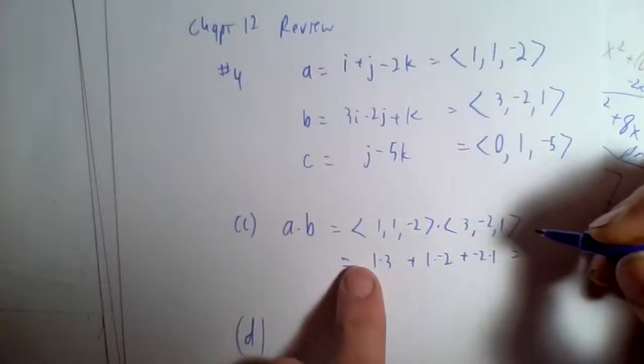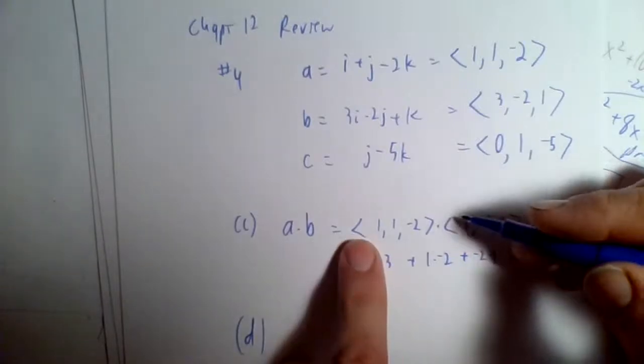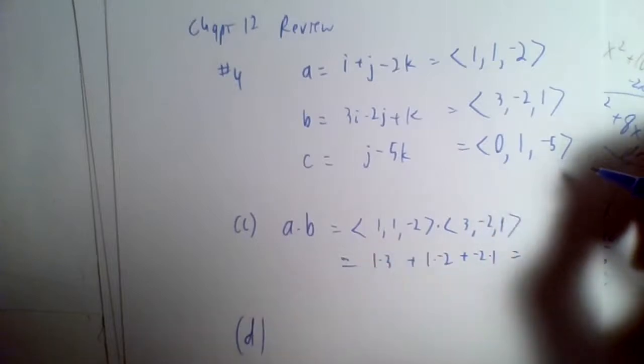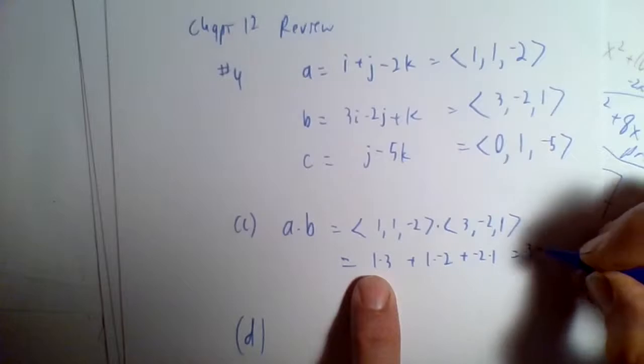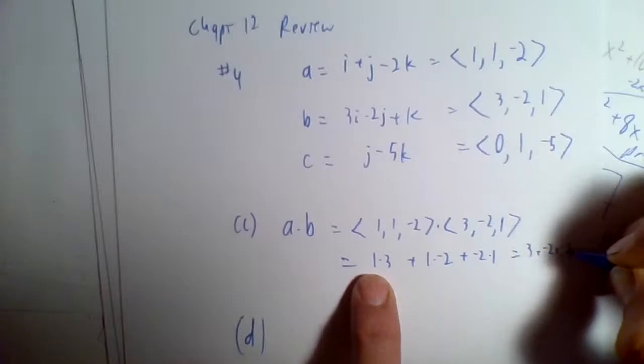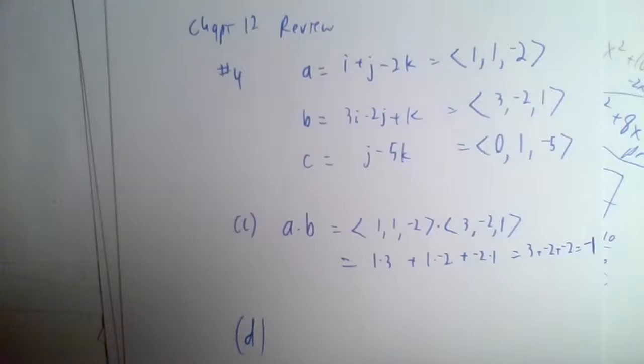That's the actual products going on. And then you take the sum of these things: A1, B1, A2, B2, and A3, B3 if you wrote it out with the subscripts. But it's 3 plus negative 2 plus negative 2 comes out negative 1. The dot product is negative 1. If the dot product was 0, they would be perpendicular. If the dot product is negative 1, that'll give us something about the angle. We'll come back to that.